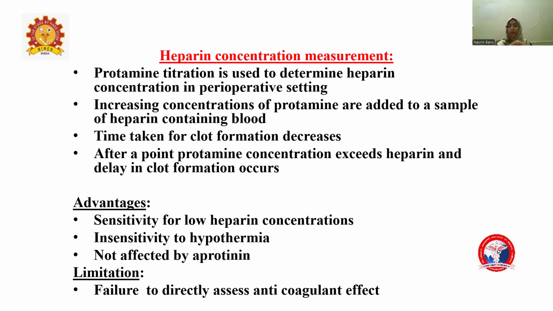After a point, protamine concentration exceeds heparin and there will be delay in the clot formation. The advantages are sensitivity for low heparin concentrations, insensitivity to hypothermia, and it is not affected by aprotinin. The limitation is failure to directly assess anticoagulation effect.